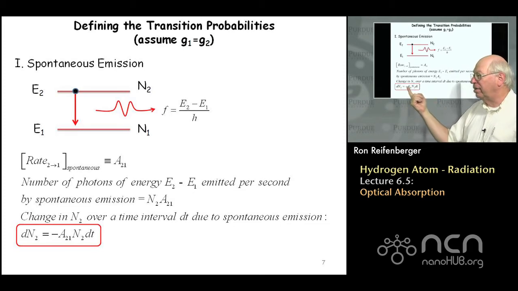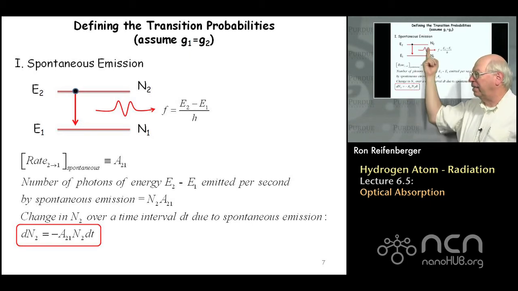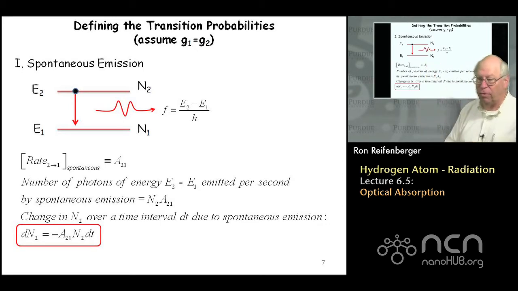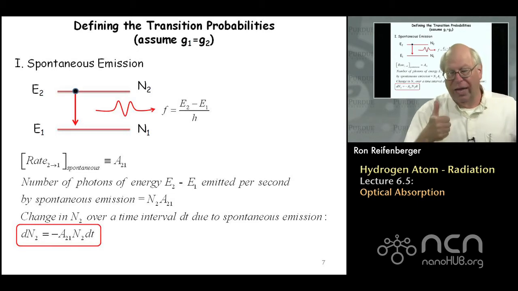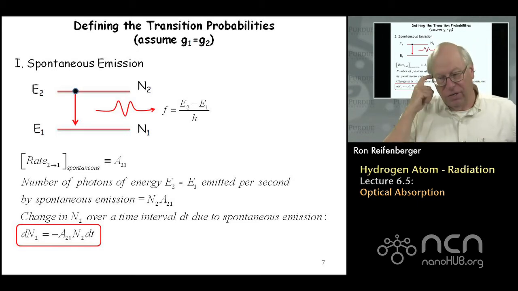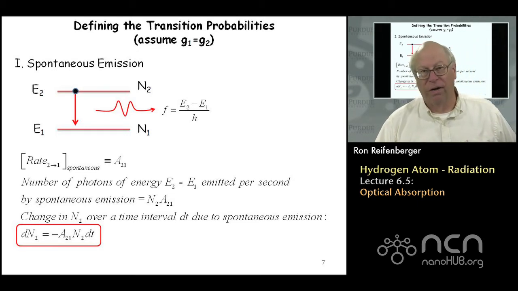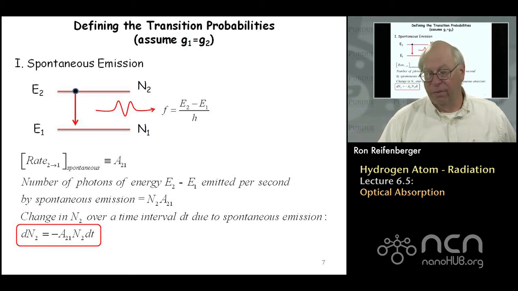So you need the negative sign here in order to recover the fact that N2 is a decreasing number with time due to this particular atomic process. So that's the definition of the spontaneous emission of photons due to this transition from energy level E2 to E1. That's pretty simple.